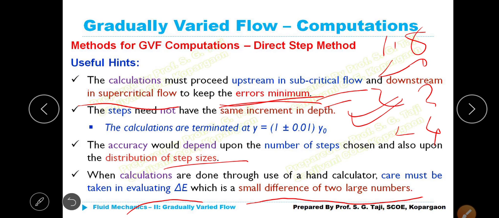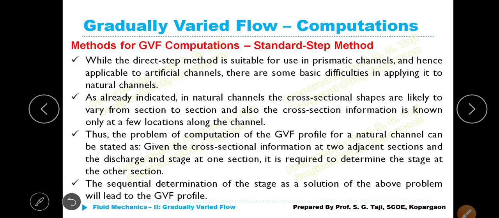Please remember these values will come in terms of, for example, 2.1 multiplied by 10 to the power of minus 6 or so, a very small value. That's why when we are using hand calculators, we should be careful. That's all.